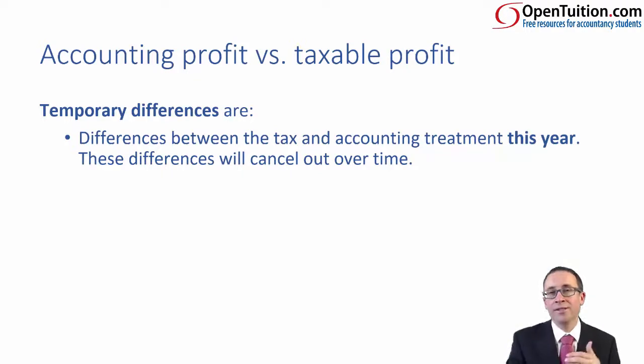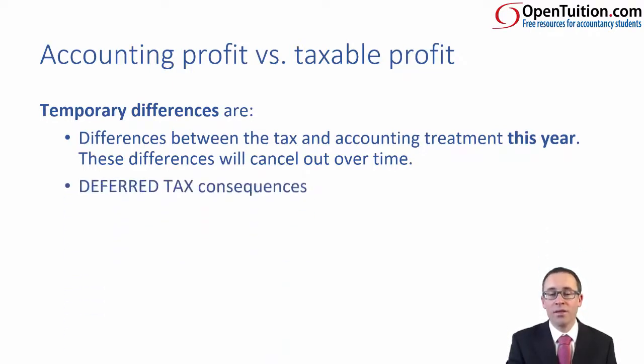Okay. So as those differences cancel out, there will be future tax consequences, won't there? Because there's a difference between the tax and the accounting treatment. But overall, because we get the same benefit over time, there will be a future tax consequence. So there will be a deferred tax consequence that you have to go through and account for.